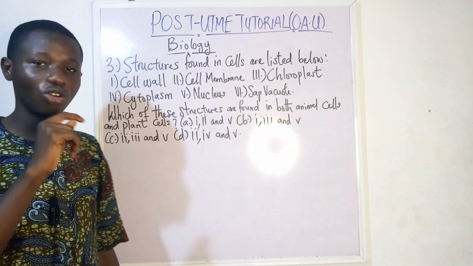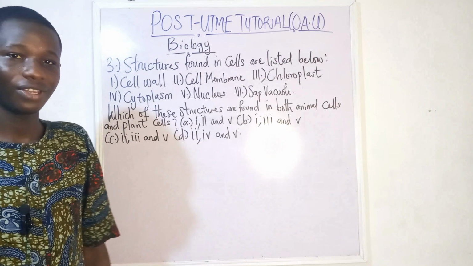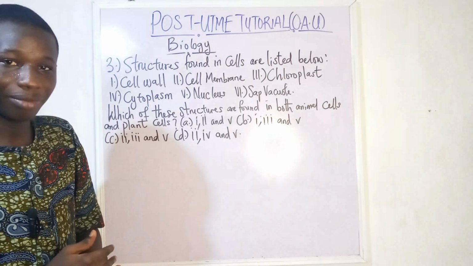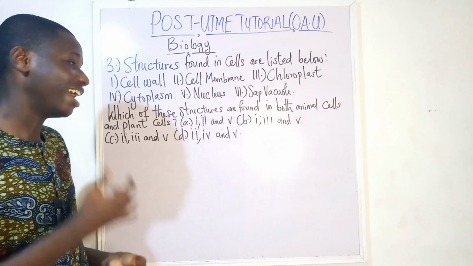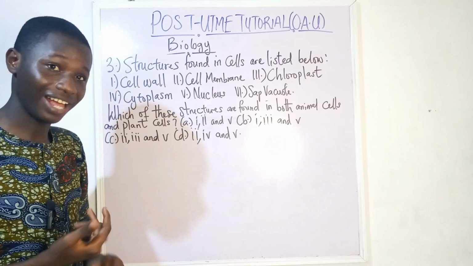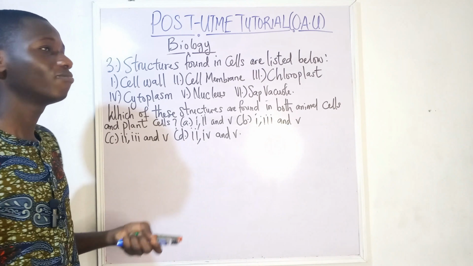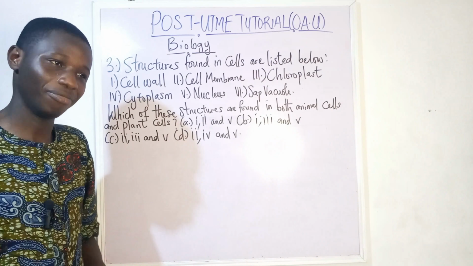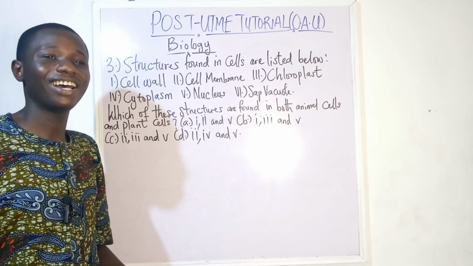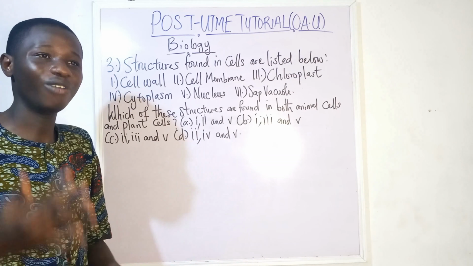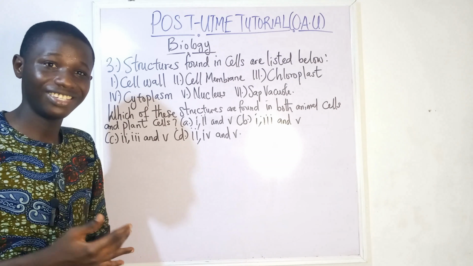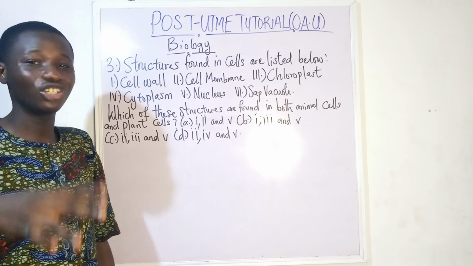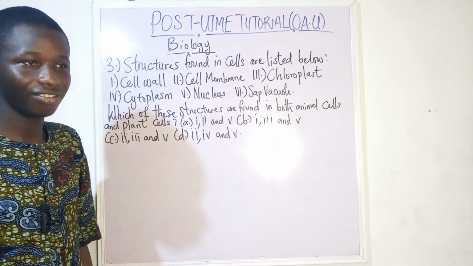Now, when we are talking of plant cells and animal cells, animals have the animal cell, and plants have the plant cell. Now, there are differences between plants and animals. You don't expect yourself to have the same cells that the plant has, because your function is different, right?